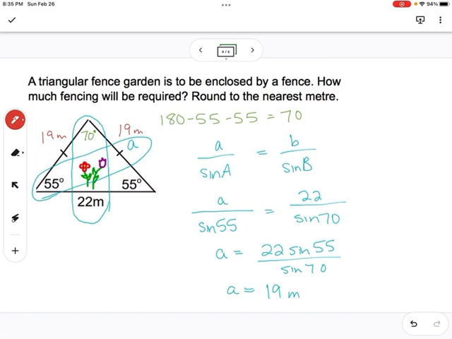So then the amount of fencing is adding those three sides together. So 19 plus 19 plus 22. And that tells us that we need 60 meters of fencing. So therefore statement, our fencing needed is 60 meters.